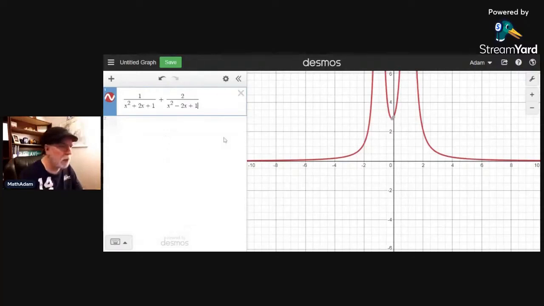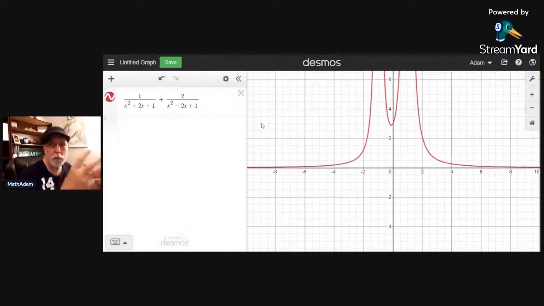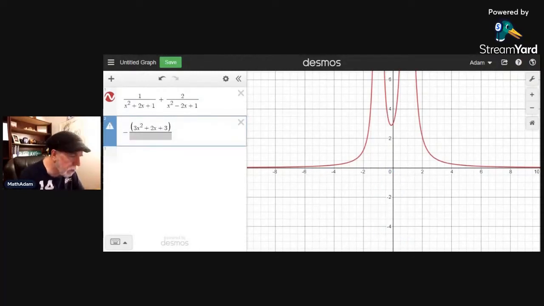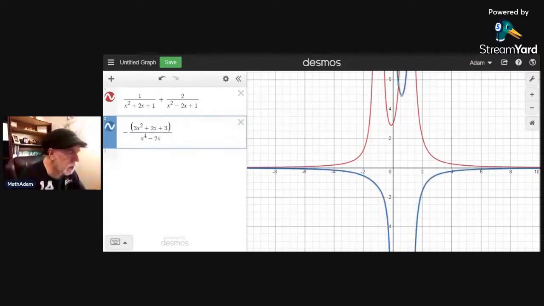All right, so this is what my partial fractions solution for the derivative looks like. Now, I've got a different form of a solution: minus 3x squared plus 2x plus 3, divided by x to the 4th minus 2x squared plus 1.